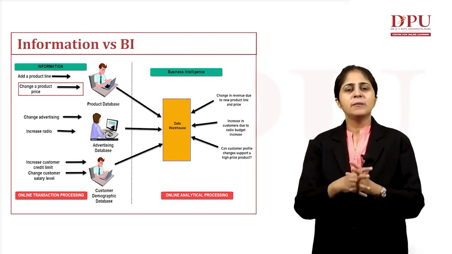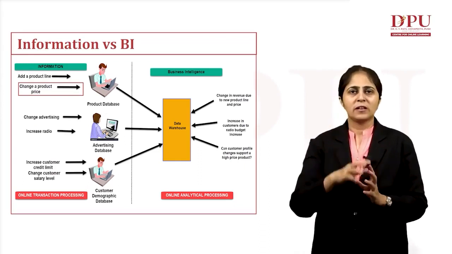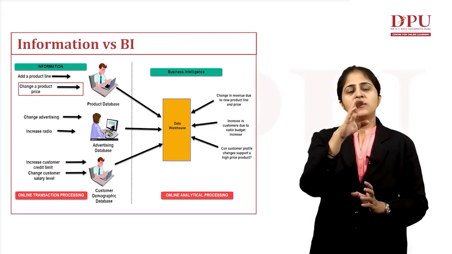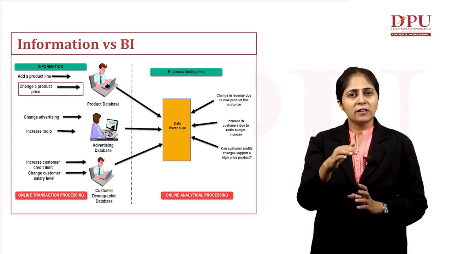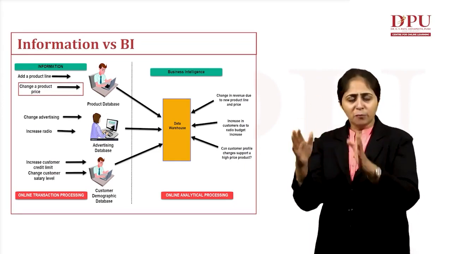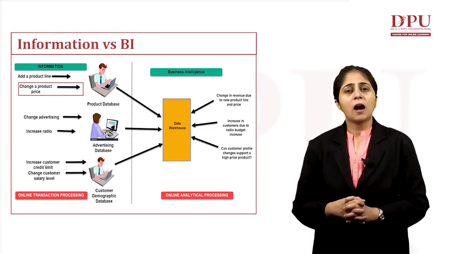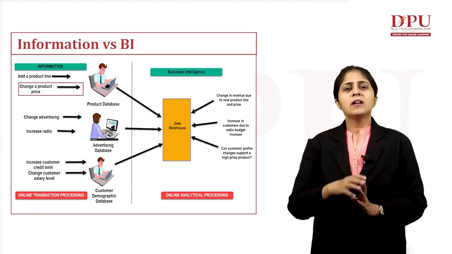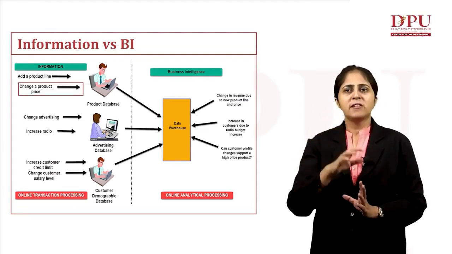And the database he maintains is the product database. Now the information from this product database will go to the data warehouse, and in the data warehouse, this data will be retrieved.